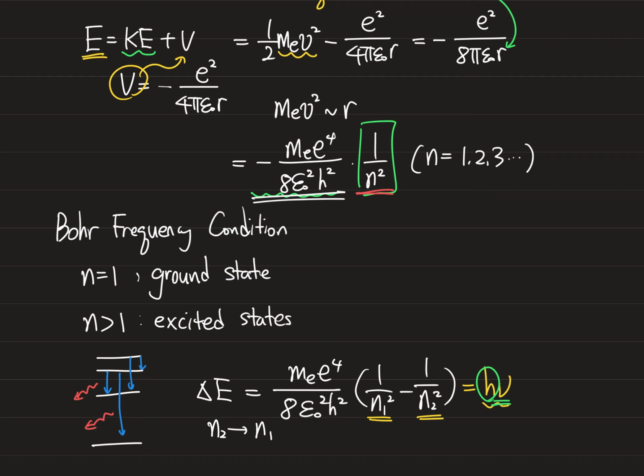So people thought about it, and now they were willing to accept the idea of energy level quantization. Before we discuss further, let's take a look at how Bohr's model can be improved.